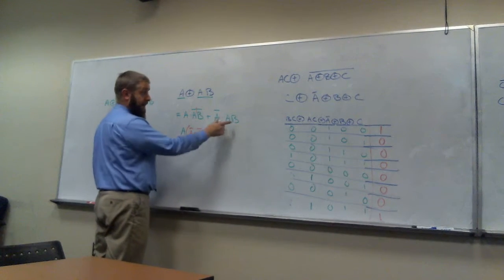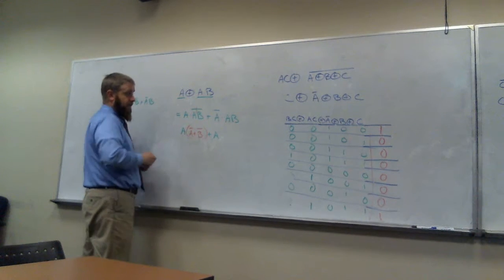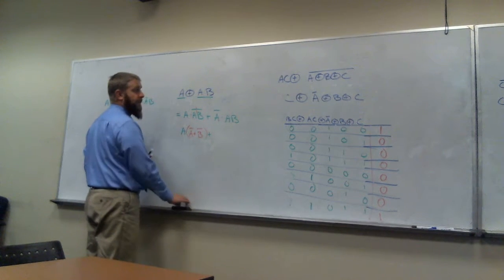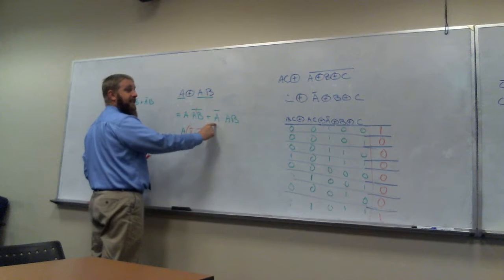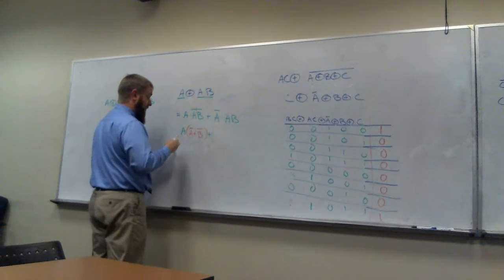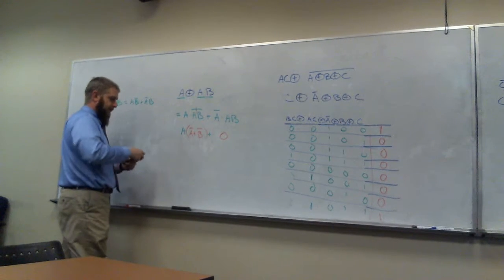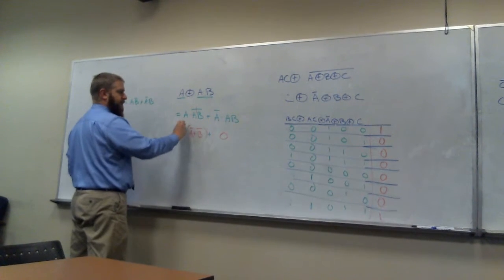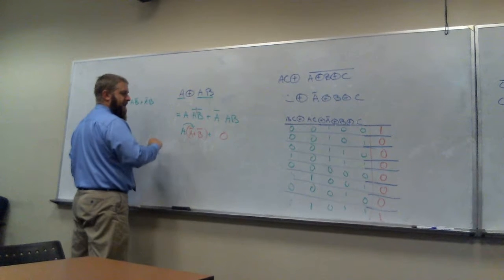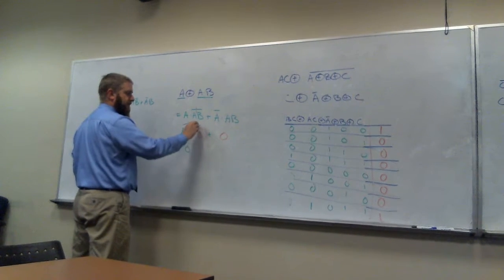Distribute A. A and A naught, the whole thing becomes zero, or A B naught.